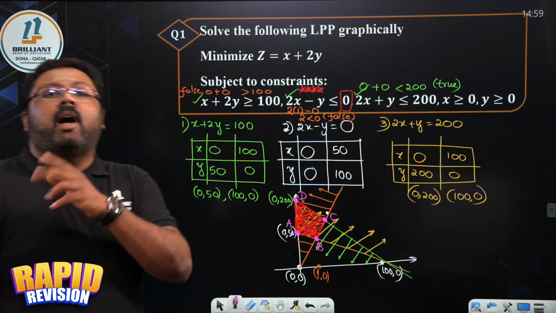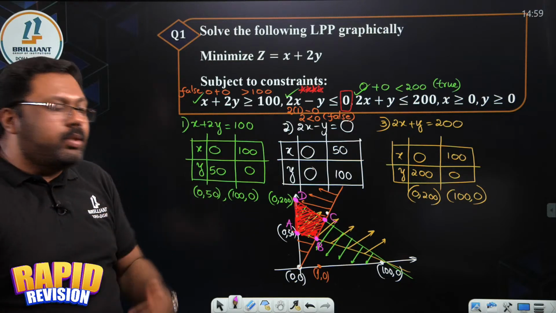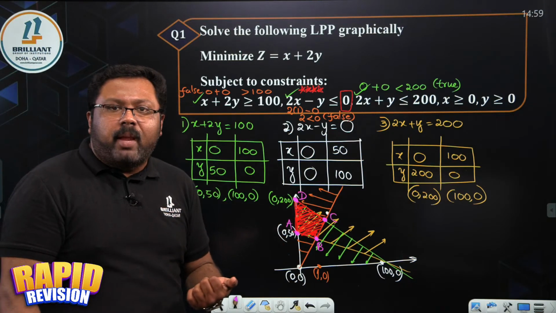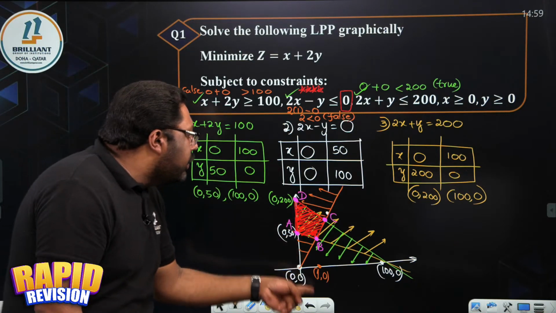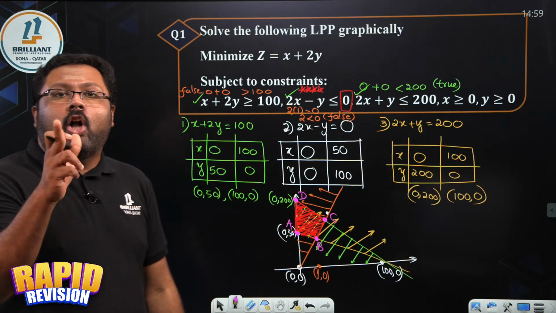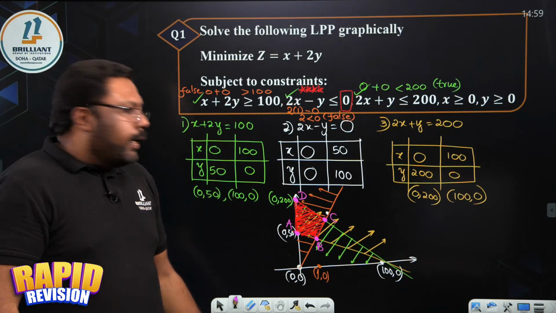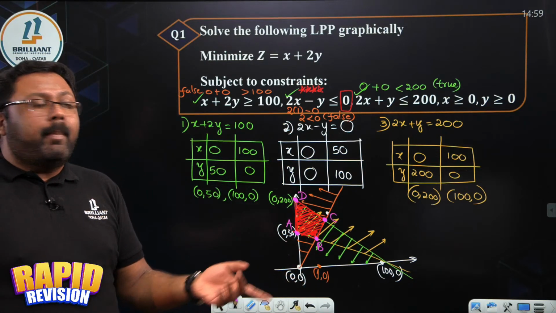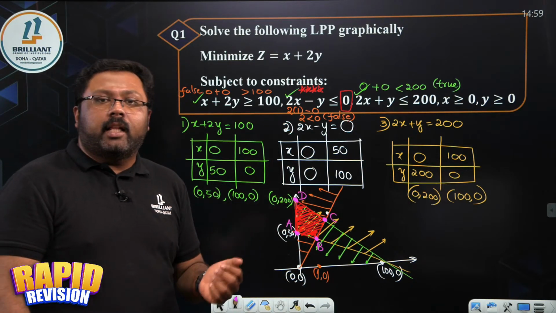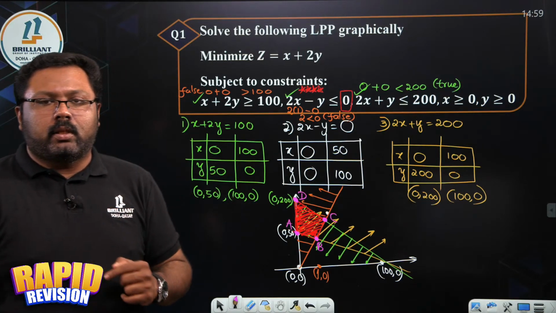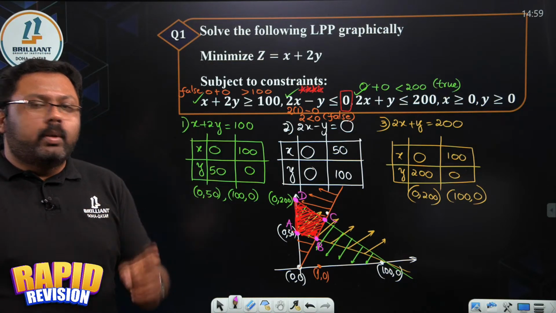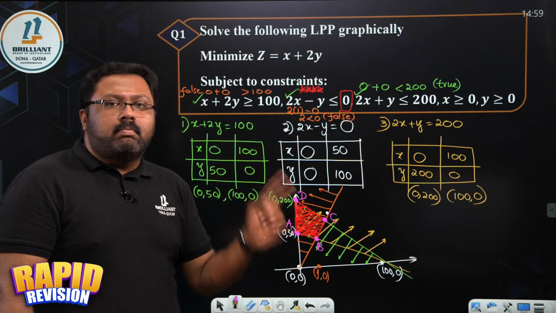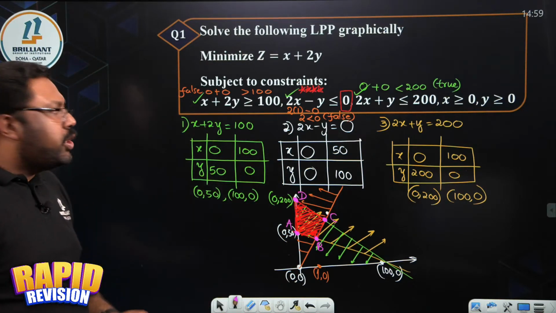And again, there is one mistake that happens with many students. Because they draw it on a graph paper, they try to assume the values of B and C. Do not do that. They might think that this value is at 100. Okay, maybe B is 100. Let me think like that. No, don't do it. You have to find B by solving the equations.